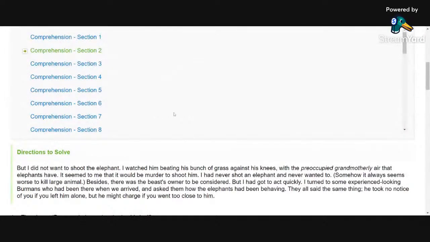One second, let me see which is apt for you. I'm just searching for a smaller passage so it's easy. Okay, this one is nice.